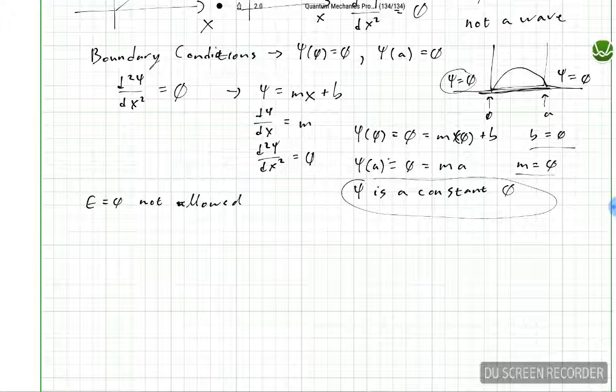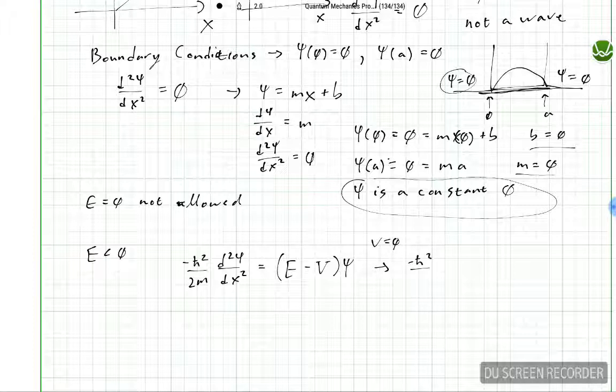Now for E less than 0, let's go ahead and write out this guy again. So here's my time-independent Schrödinger equation. My potential inside the well is equal to 0.